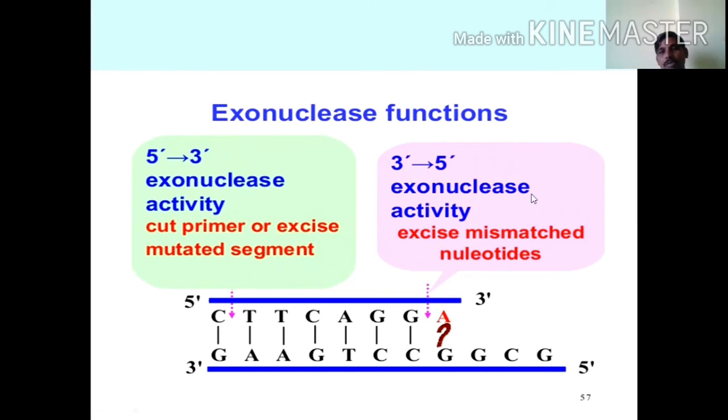That is called exonuclease activity. Only DNA polymerase 1 has this additional property, 5 to 3 exonuclease activity. It cuts primers, so you can remove the primers as well as excise any mutated segment present in the DNA molecule.